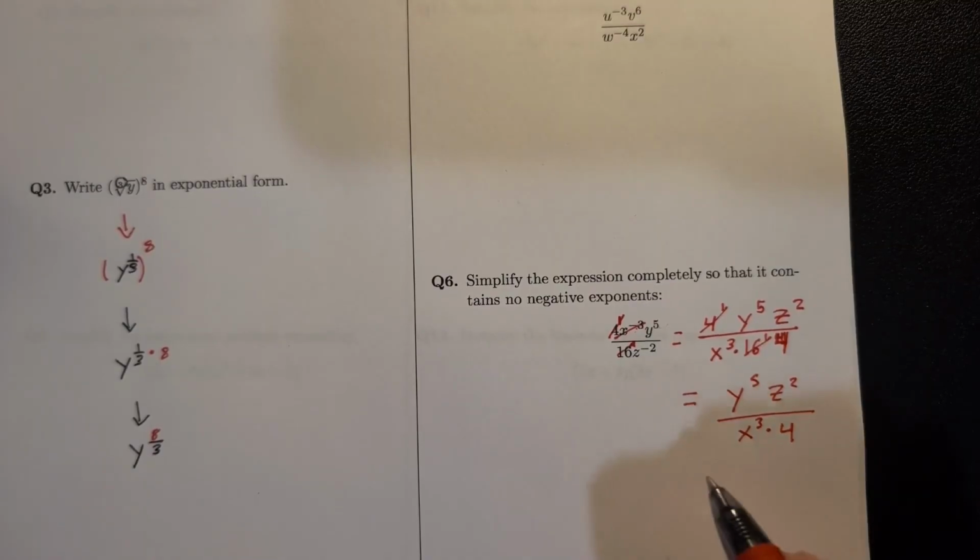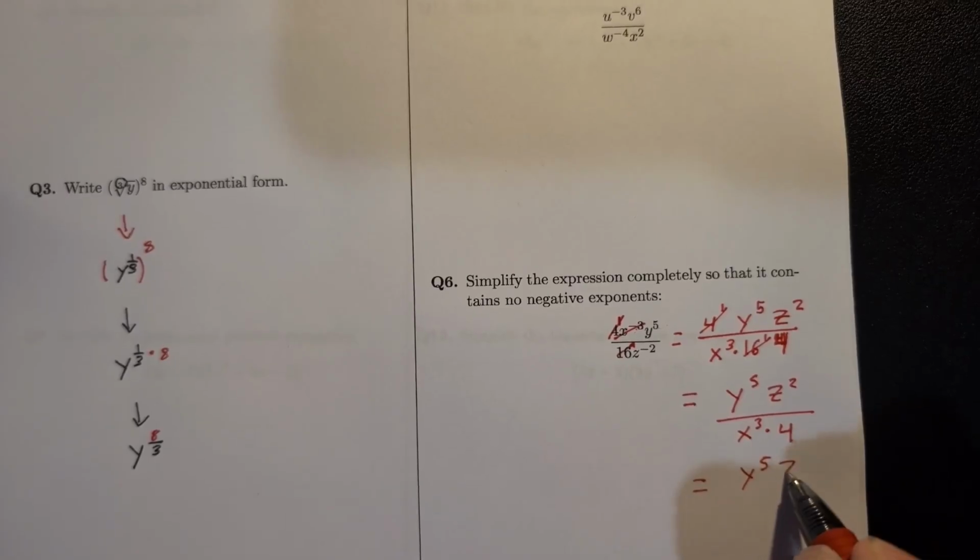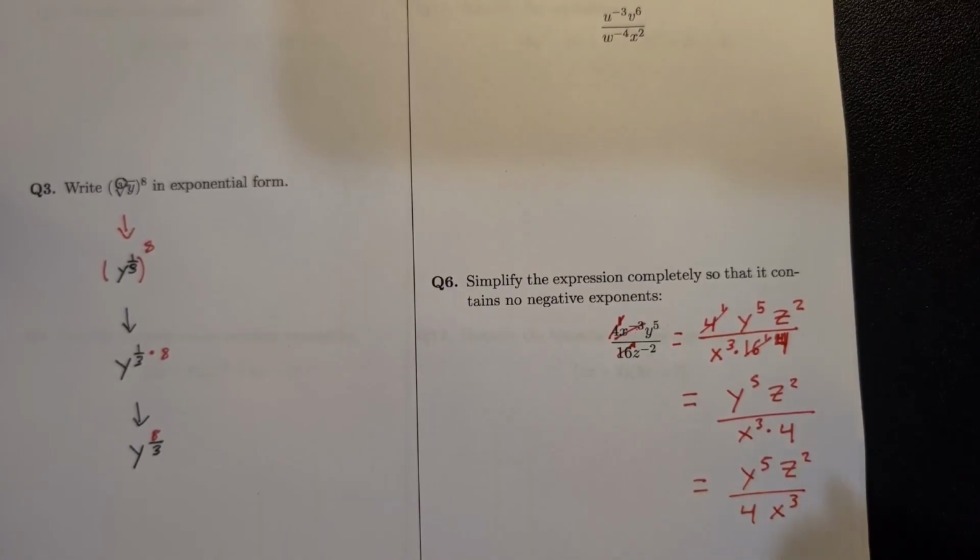Okay. You can also rewrite it as y to the fifth z squared all over 4x to the third.